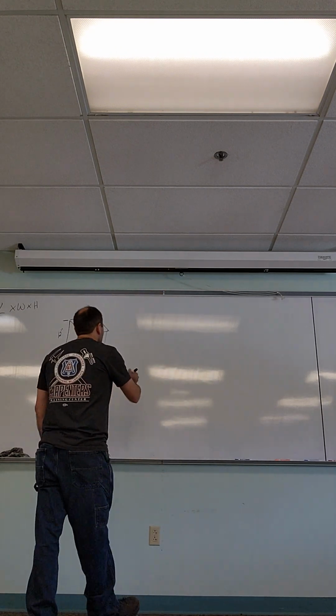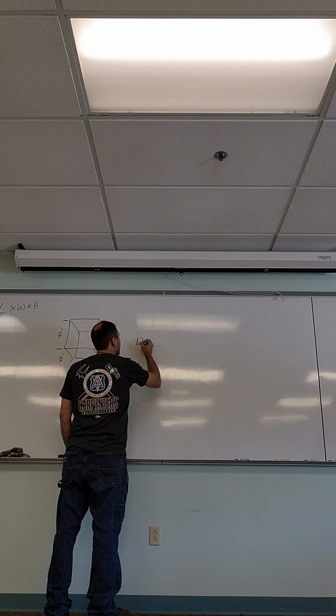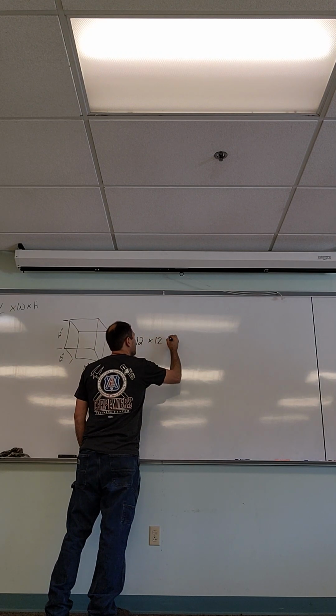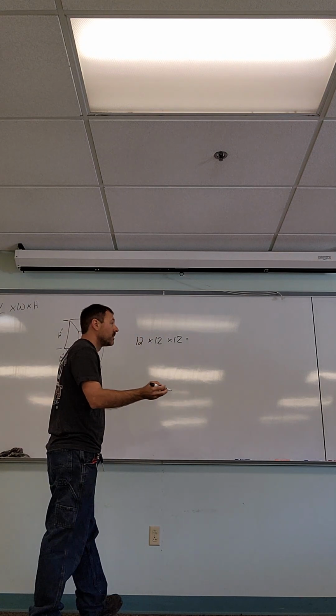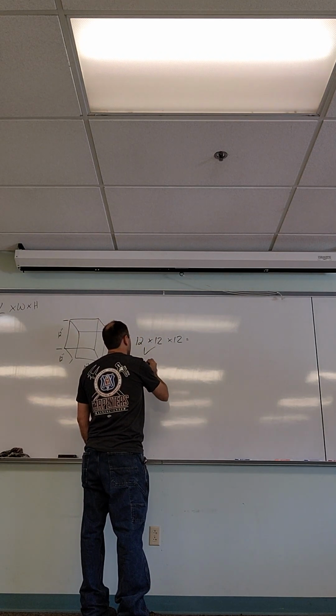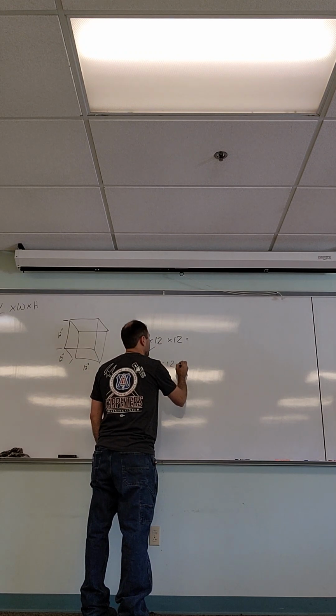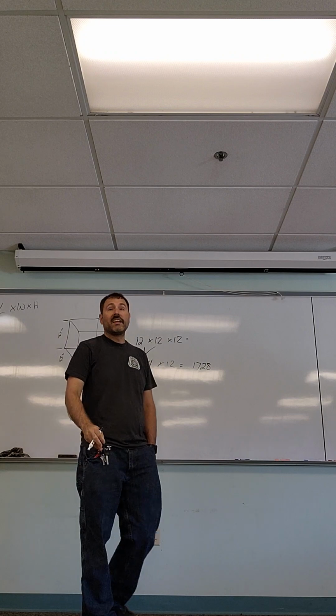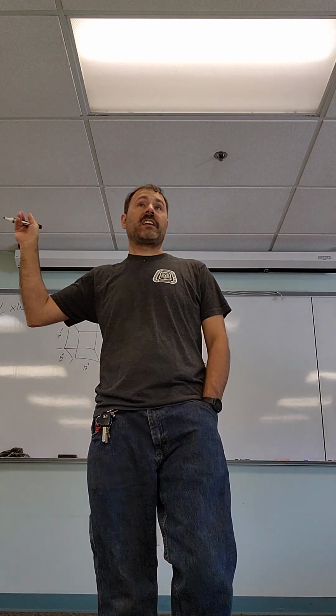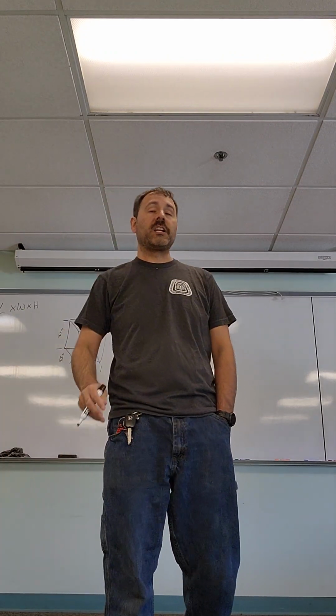So take 12 times 12 times 12. Tell me what you get. 1728. That is our magic number, and I'm going to write that over on the side as well because it's something that you're going to need to know.